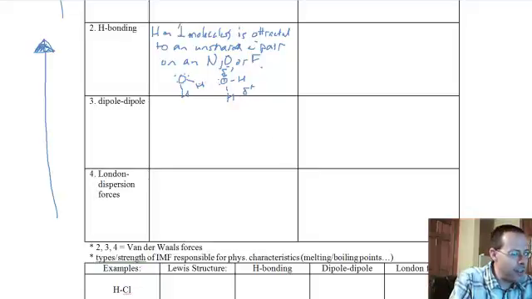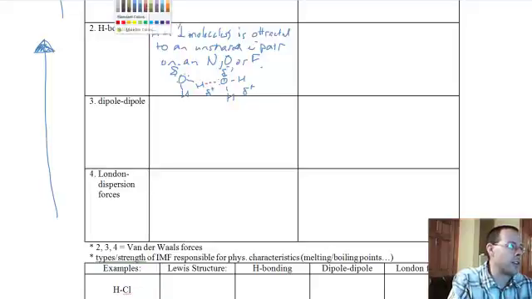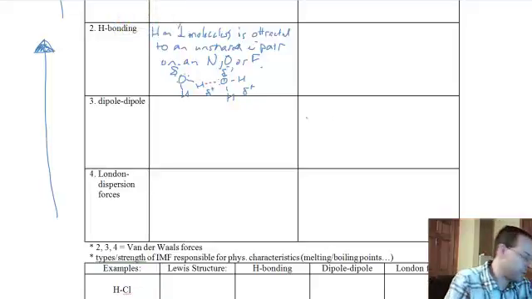So the hydrogen on this water, because all these molecules are the same, is partially positive as well, because the O is attracting so much of the electron density. So we get an attraction between this H and the O right here, and that is the hydrogen bond. It's not really a true bond, but it's just a really strong attraction between two molecules.